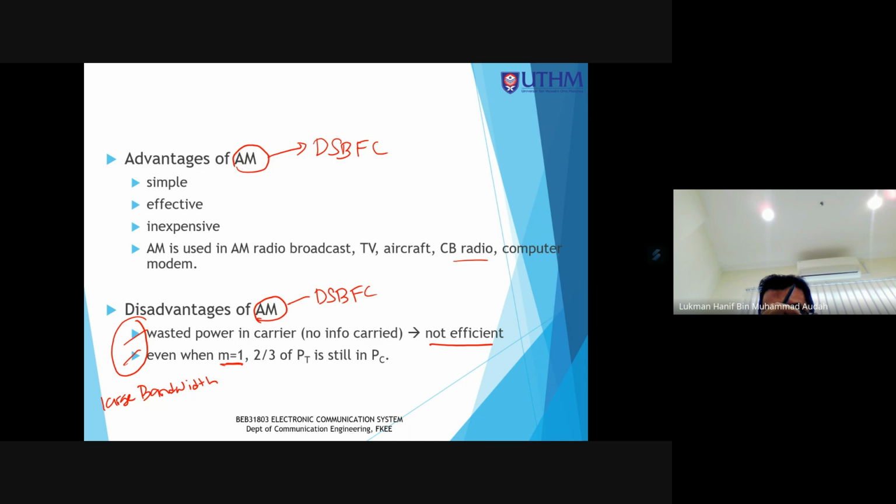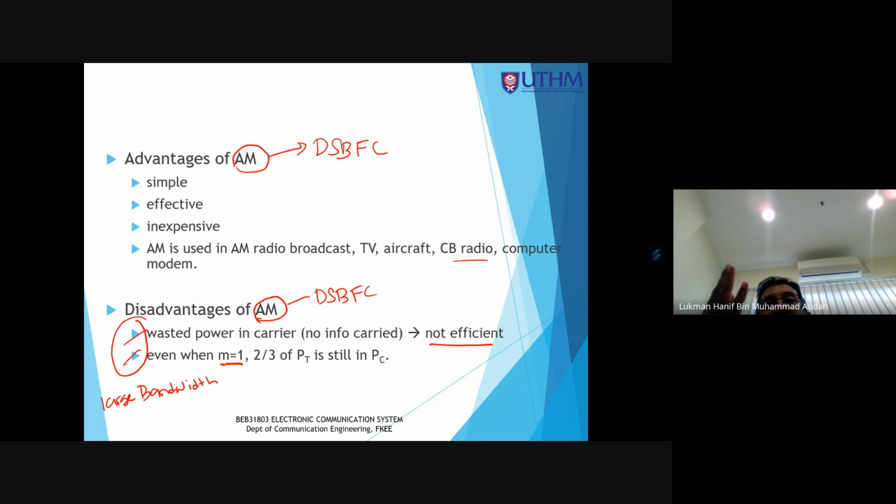So for double sideband full carrier, we are wasting a lot of power on the carrier side. That means we are transmitting more than enough power, because the information is only contained in the sidebands, but we are transmitting more than enough power from the transmitter to the receiver.